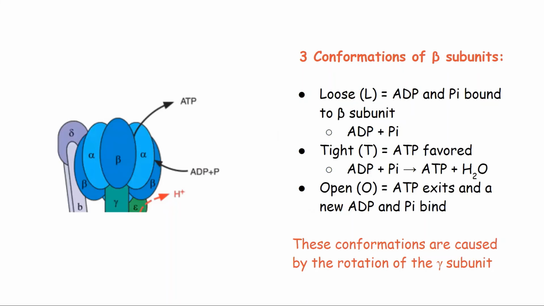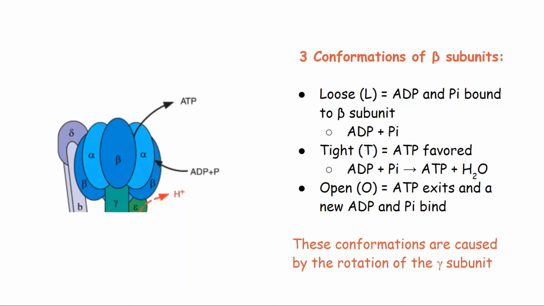So next we'll talk about the beta subunits. There are 3 conformations of beta subunits, which are caused by the rotation of the gamma subunit. These conformations are loose, tight, and open. In the loose conformation, ADP and Pi are bound to the beta subunit.